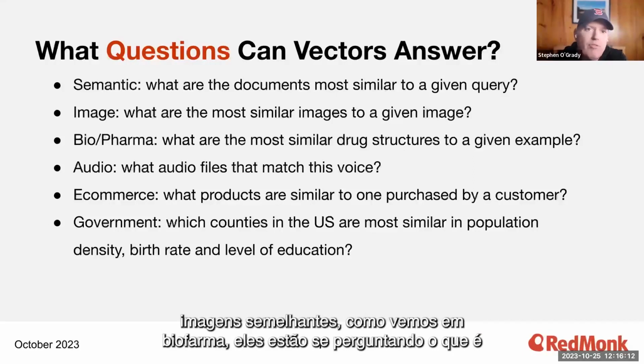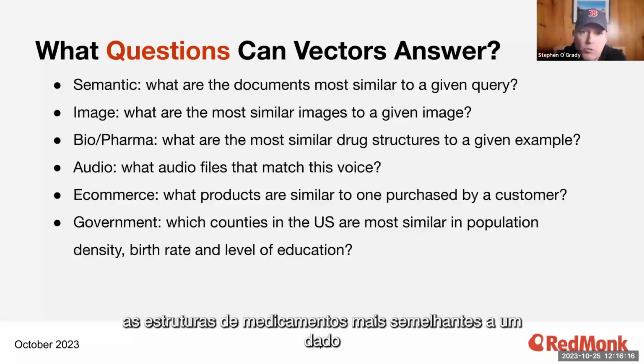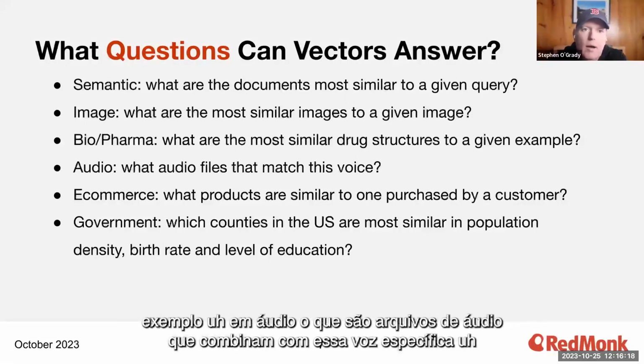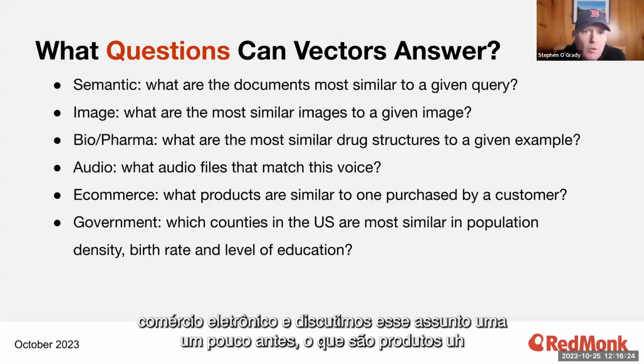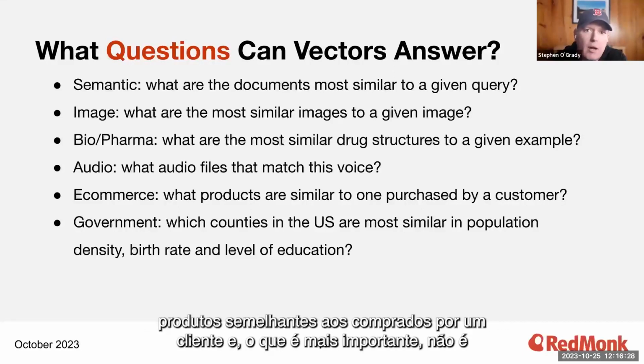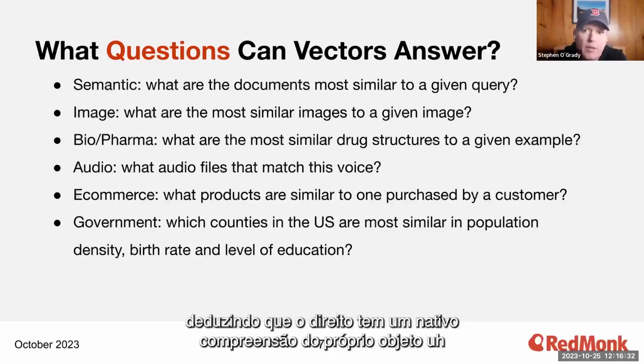We see this in biopharma. They're asking, all right, what are the most similar drug structures to a given example? In audio, what are audio files that match this particular voice? E-commerce, and we discussed this one a little earlier: what are products similar to one purchased by a customer? And importantly, it's not inferring that, right? It has a native understanding of the object itself.